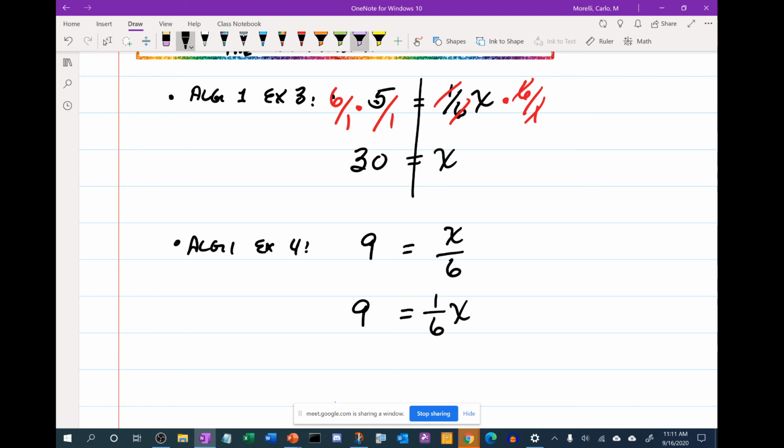So this is a big idea as well. This and this are the same thing. But when we have this second way of writing it, it makes it super clear what we're supposed to do. I'm going to multiply by the reciprocal of the coefficient. So multiply by 6 over 1 on both sides.